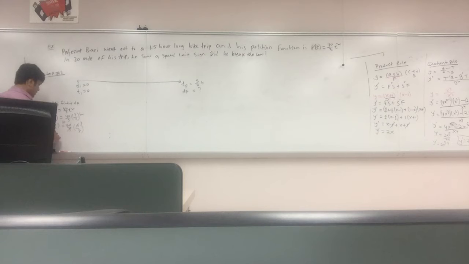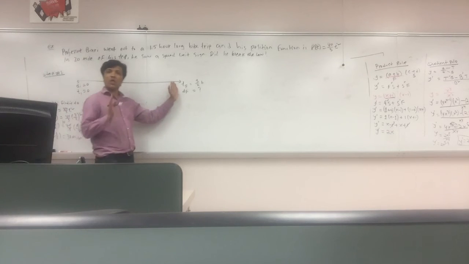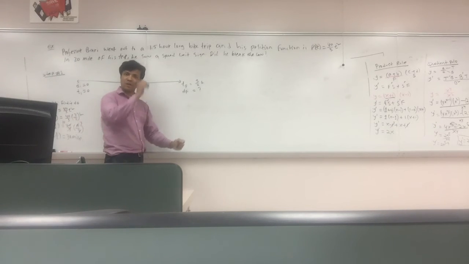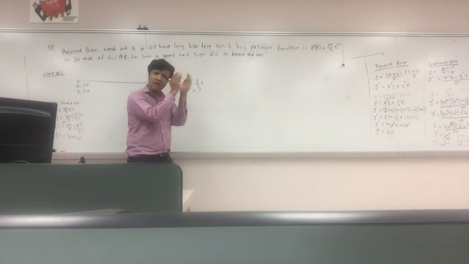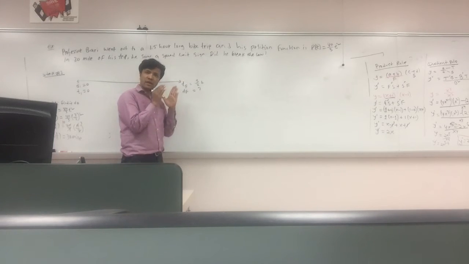So P of 3/2 is just 30 miles. He started at 0 miles and traveled 30 miles. It took him 1.5 hours.